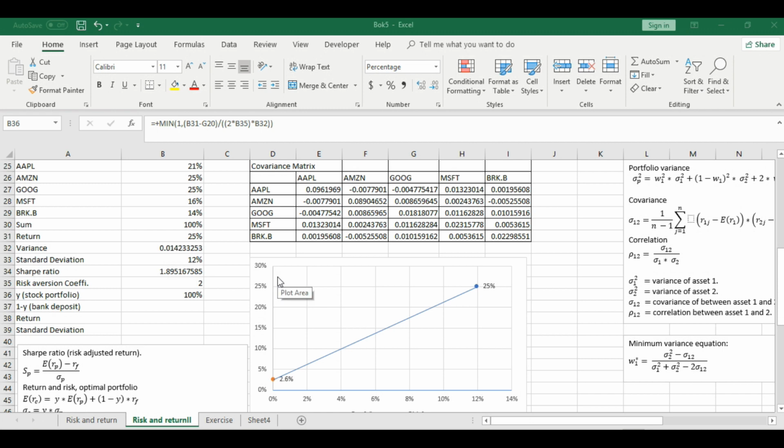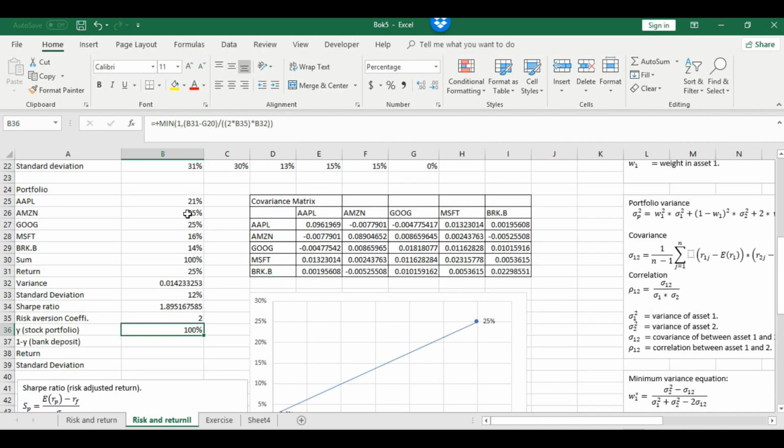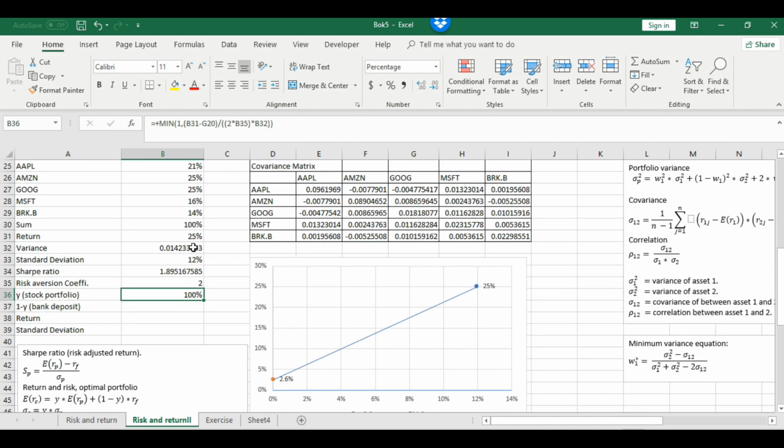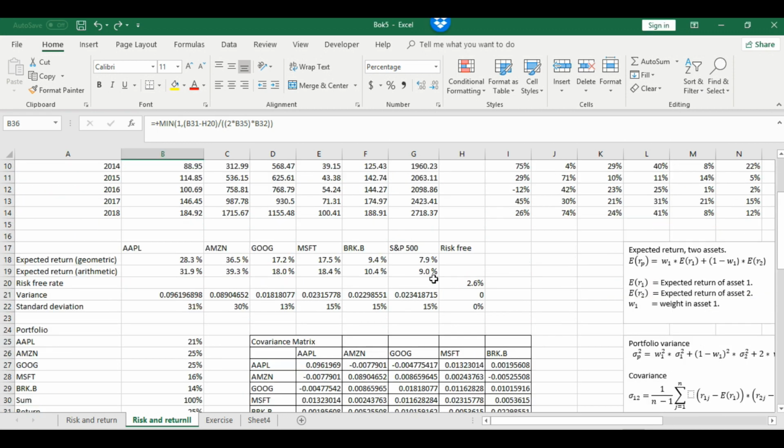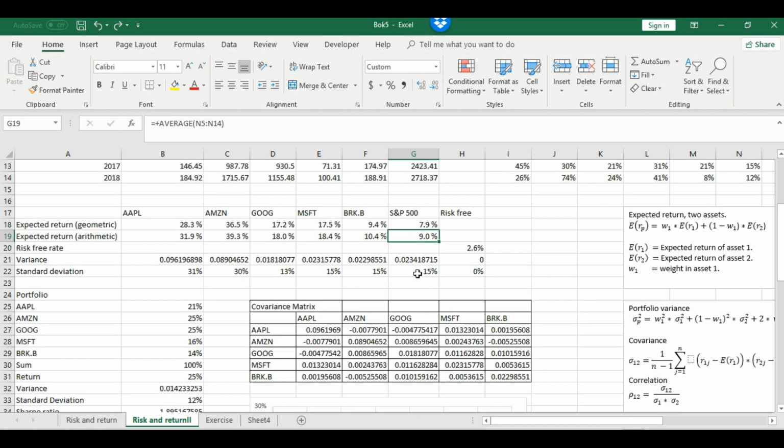To better illustrate the concept of risk aversion, instead of using the expected return of our stock portfolio, we will use the expected return of the S&P 500. Here we have the expected return of the S&P 500 and the standard deviation.